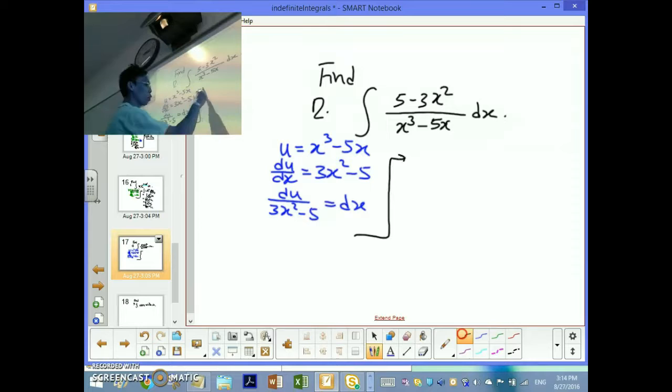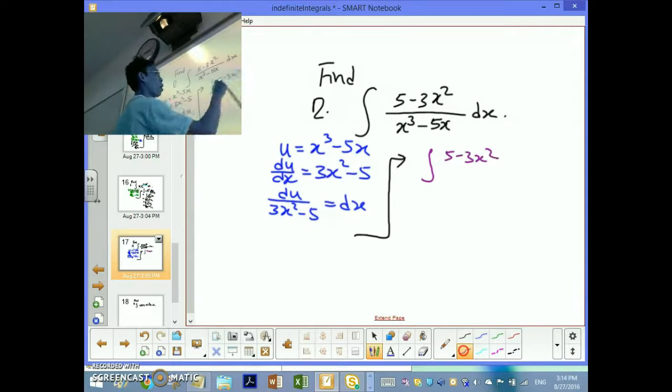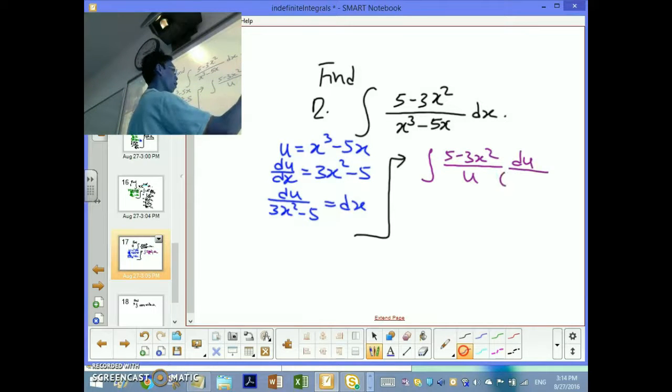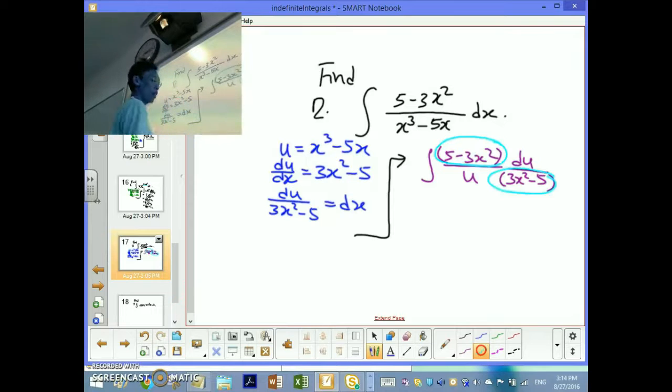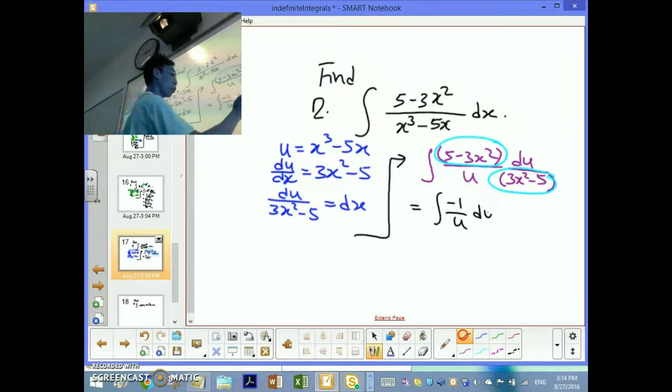So now we're going to write this up as the integration of 5 minus 3x squared over u, and dx now becomes du over 3x squared minus 5. And you can see that the numerator here, this part and that part, will cancel out, right? And leave you with a negative 1. So this is going to be just negative 1 over u du.